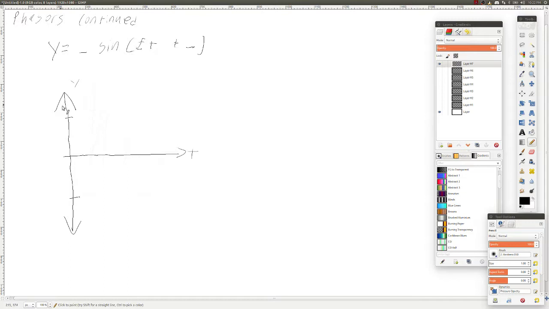So instead of going from 1 to -1, let's instead go from 0.5 to -0.5. So this would look like this. In this case, we've adjusted the magnitude by multiplying by 1/2. Here we have our magnitude, which we'll represent with capital A.